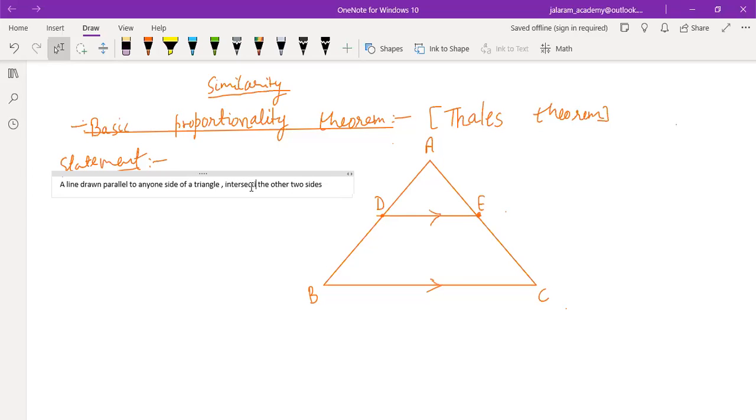Intersecting the other two sides, divide them proportionally.